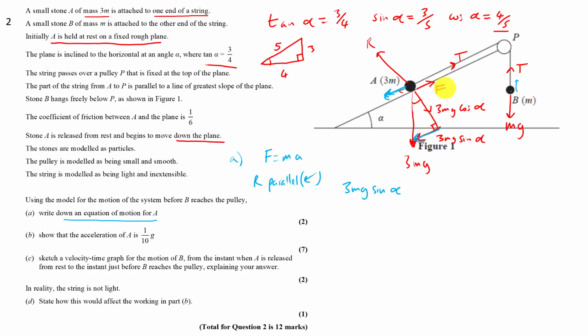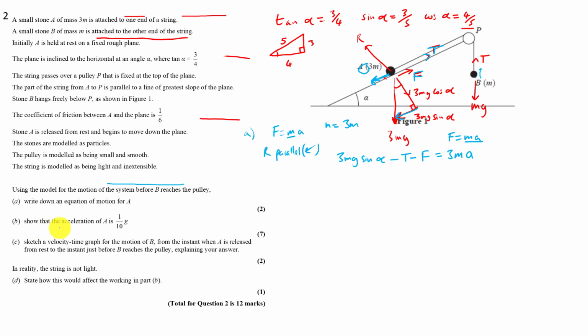What's going the other way is T and F, so that's the friction, so we have minus T minus F equals, now remember in this instance we are modelling this A here, m equals 3m. So we get that must equal 3ma, which is using our force equals ma diagram, right?